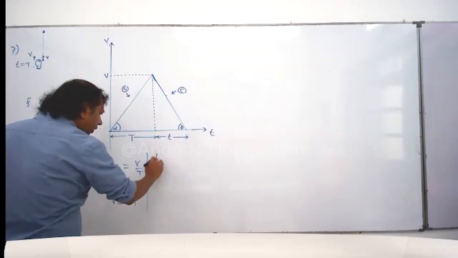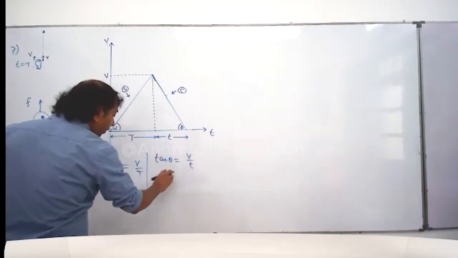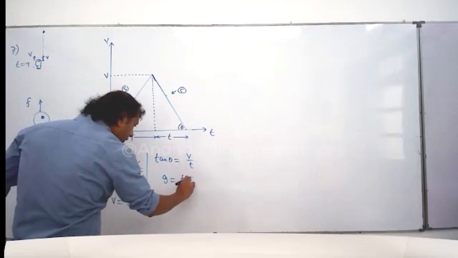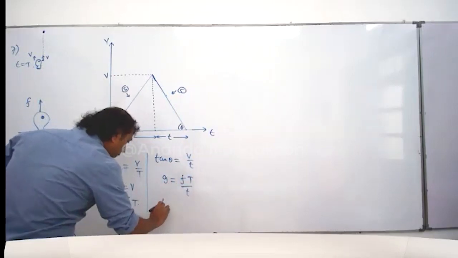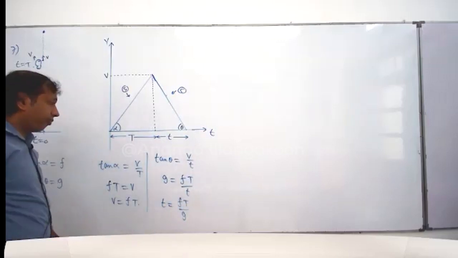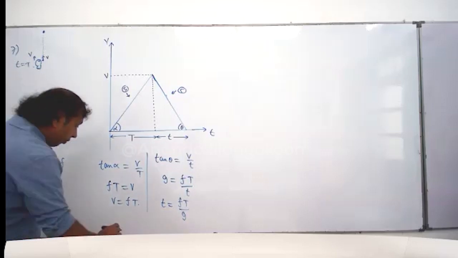Then tan theta, you can write as v by t. Tan theta is g, and v is fT, so v divided by g gives t equals fT upon g. Now we need to find this area, no? These calculations are given 5 marks.